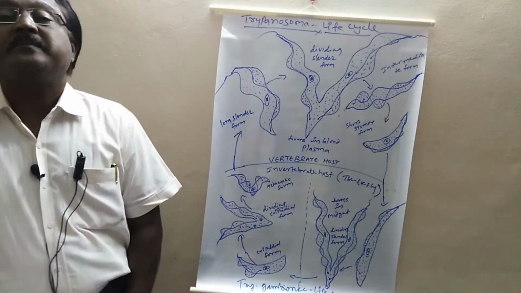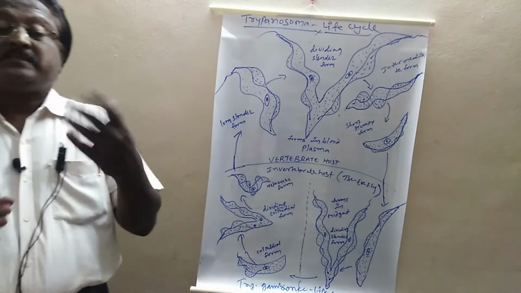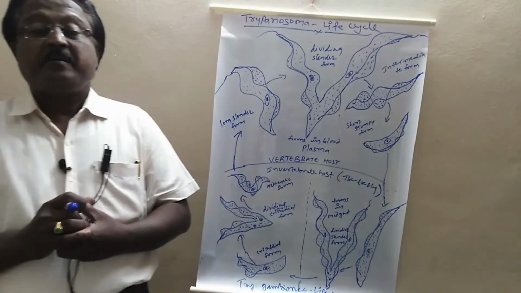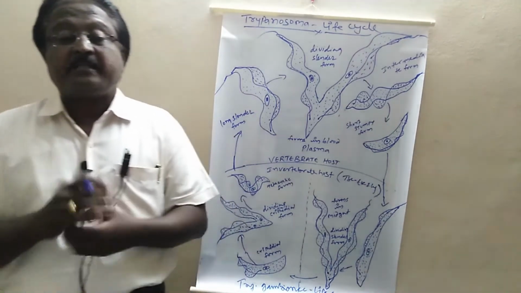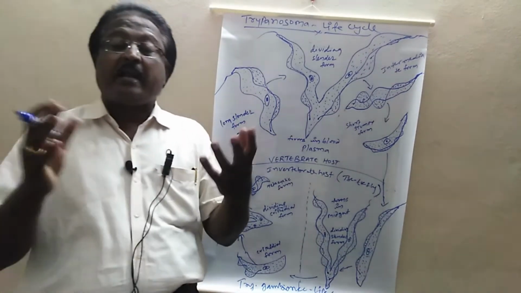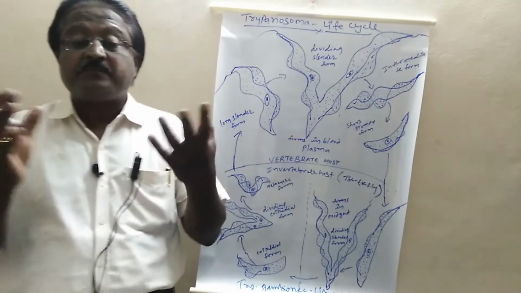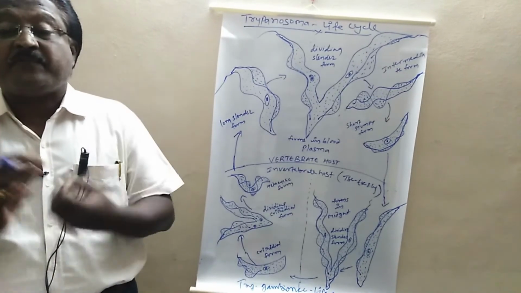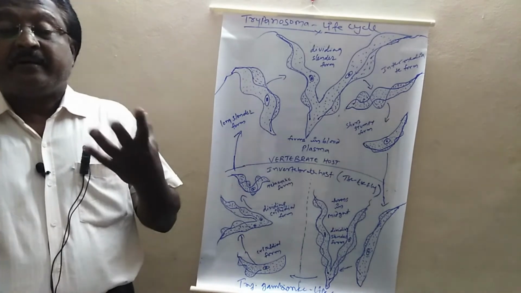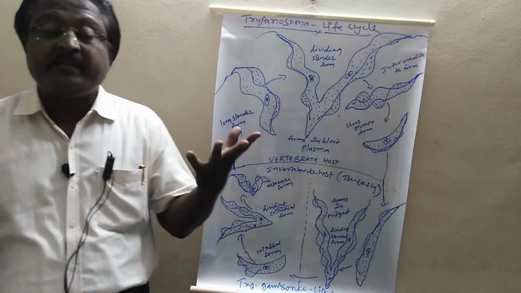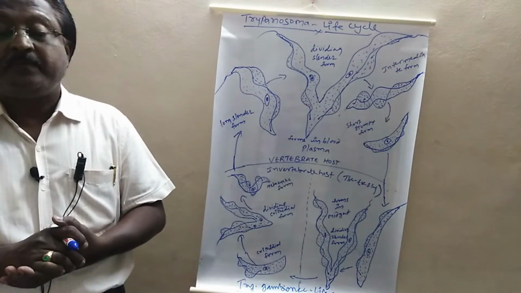Now its pathogenicity. Pathogenicity means symptoms. It causes Gambian fever by the trypanosoma, transmitted by the tsetse fly, and it is also called African sleeping sickness, which is characterized by the following symptoms: recurrent fevers, severe headache, weakness, loss of weight, anemia, and the patient falls asleep.